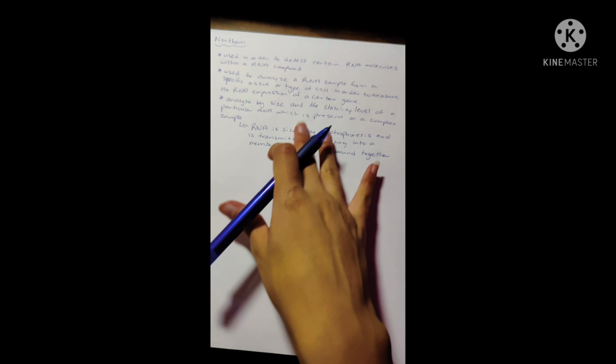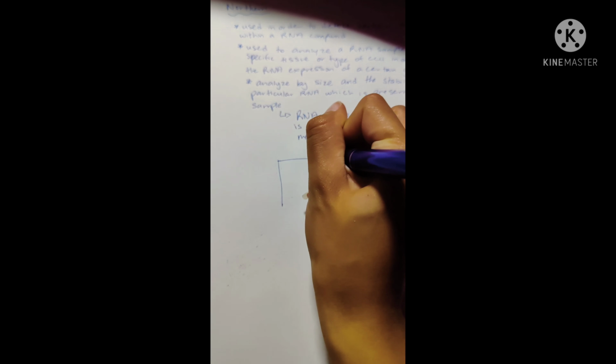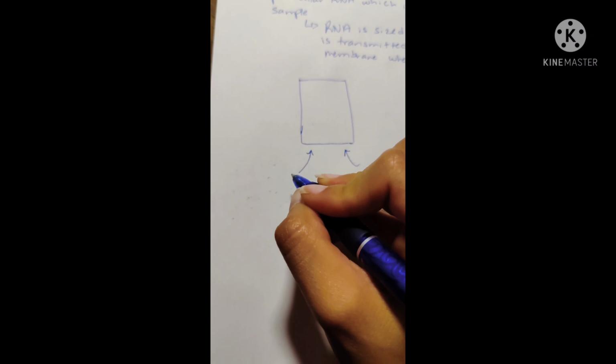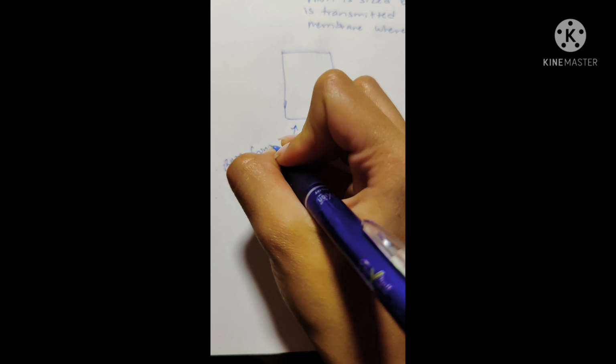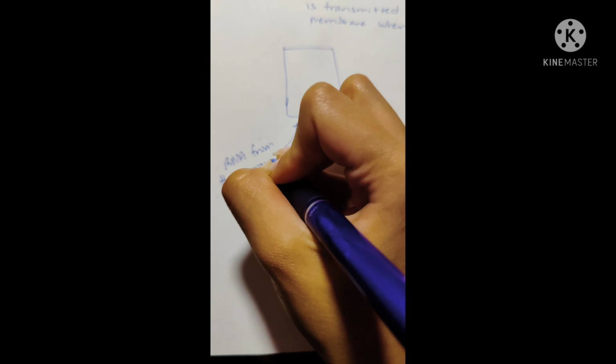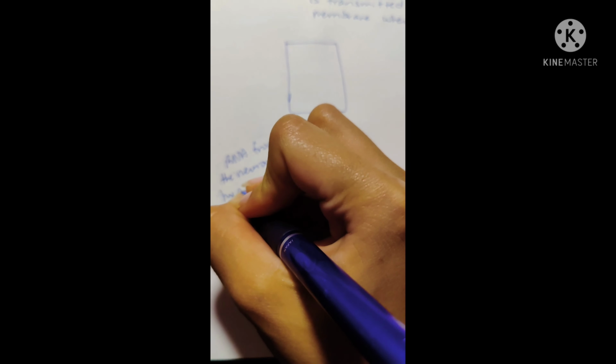Okay, so now that we got a little summary of Northern, let's draw our little diagram. We would have our little box here, and we'll use the same scenario as in the nucleosome protection assay, but in this case, instead of it being the DNA from the neurons, it would be the RNA from the neurons that's present in the hypothalamus.